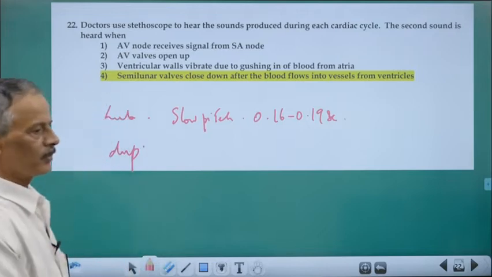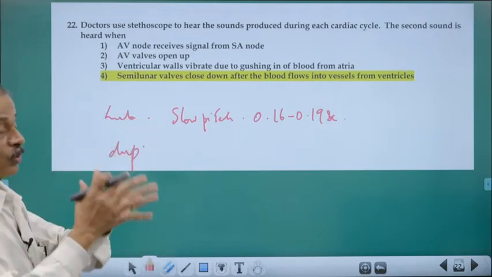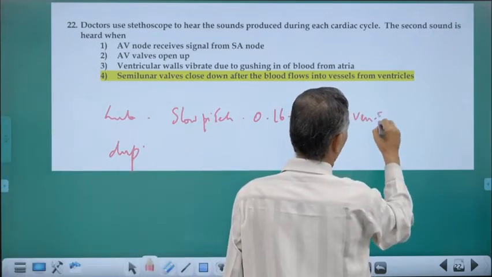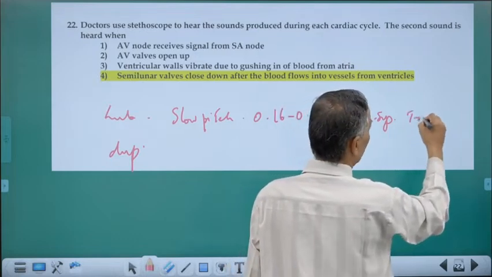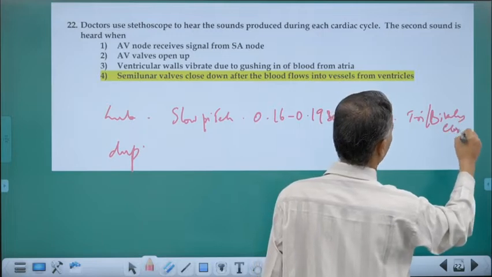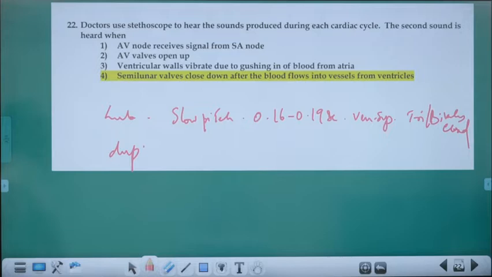Okay. It is caused because of the ventricular contraction at the beginning of the ventricular systole. So, ventricular systole increases the pressure so that tricuspid and bicuspid valves close with a thud. That is the reason for this sound, lub sound.